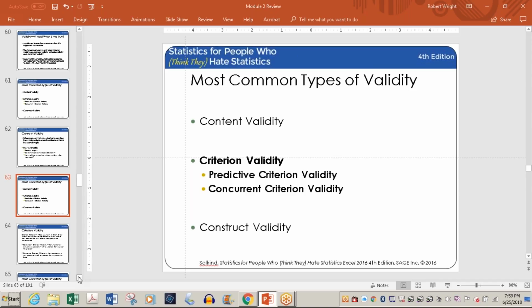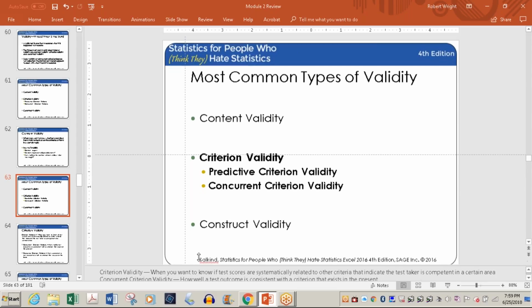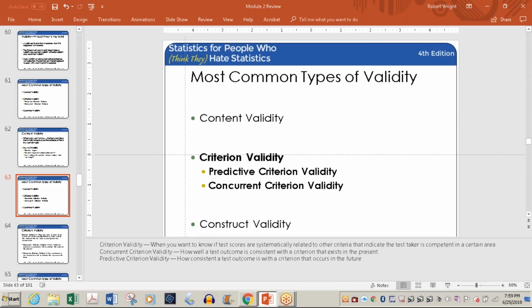Or have I just totally lost everybody? Maybe I have a cheat note here. Criterion validity is when you want to know if test scores are systematically related to other criteria.